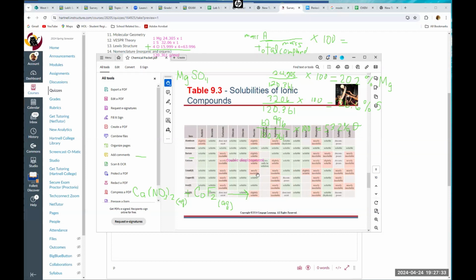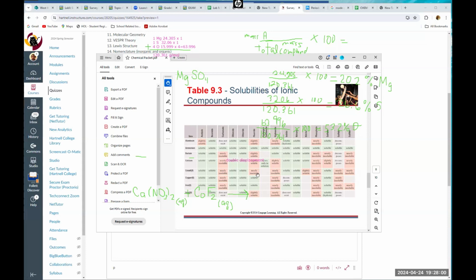That one's nearly insoluble already. So what does nearly insoluble mean? It's almost going to stay a solid. Under the right conditions, if we dilute it enough, we can make it into an aqueous solution. So if we assume that it's already a solution, somebody's already done that work to make it aqueous.